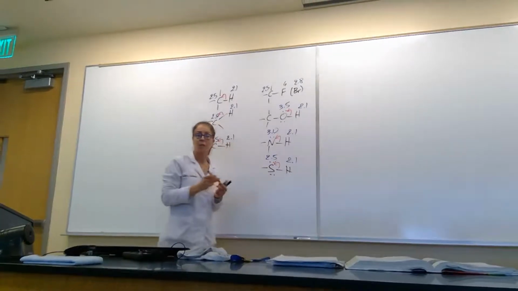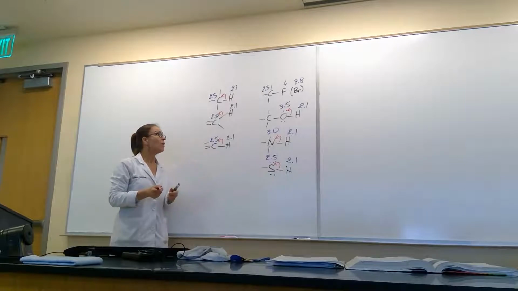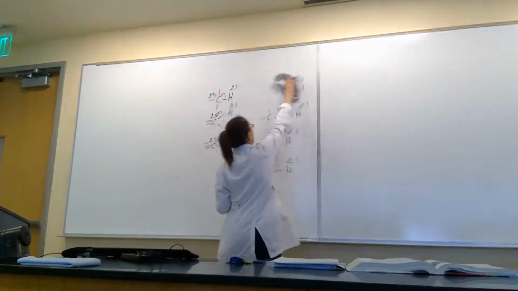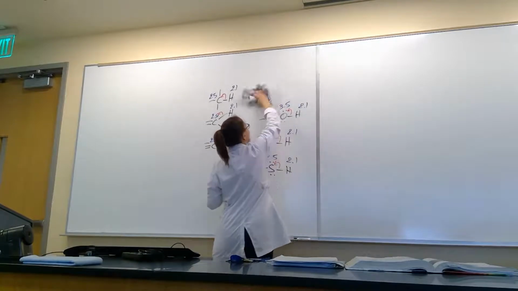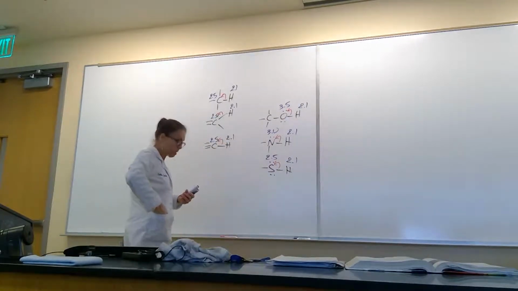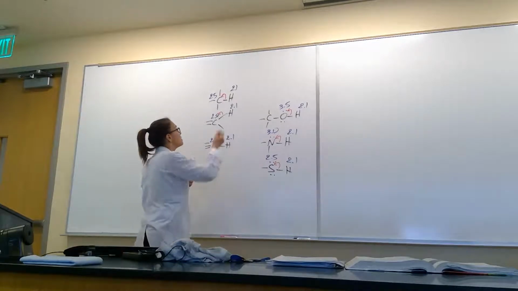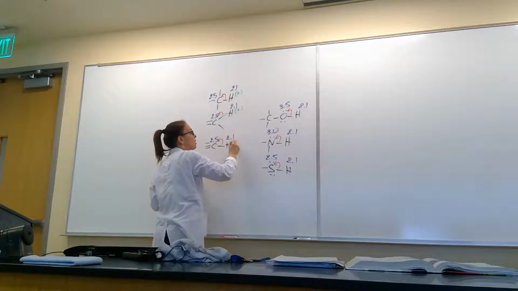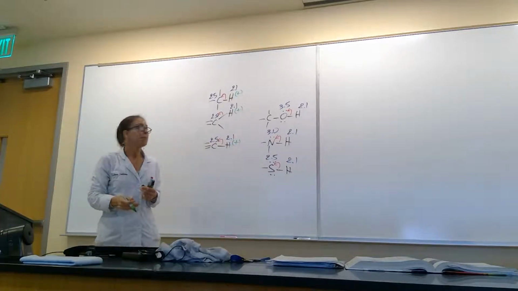In here, the sulfur will take the pair. So in all of these, one thing that is visible and in common is that the H is going to end up positive. You agree? In all of them.